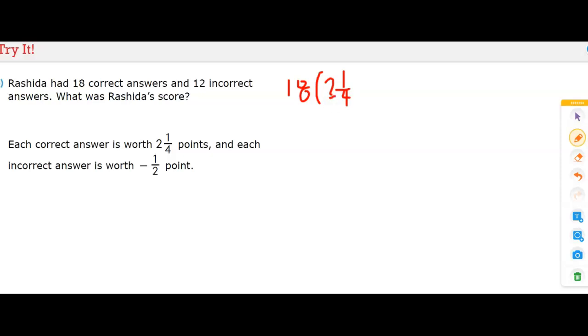All right, and so now we're going to add the 12 times the negative half points so that we can find out the total number of points she got for the incorrect answers. So we're going to multiply.